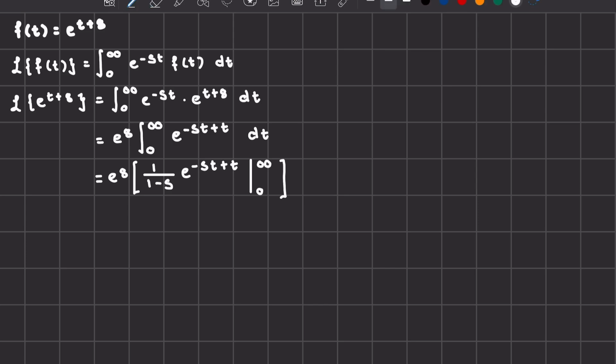And then solving what's inside after we took the integral of it, we know that e to the 8 multiplied by everything inside is just 1 over 1 minus s. This is negative 1.